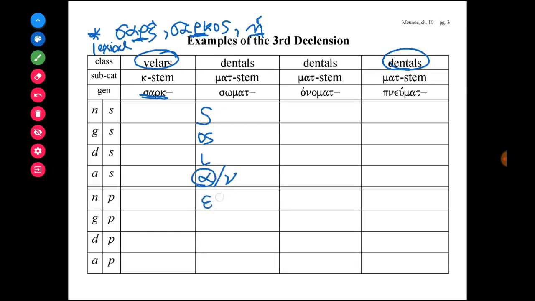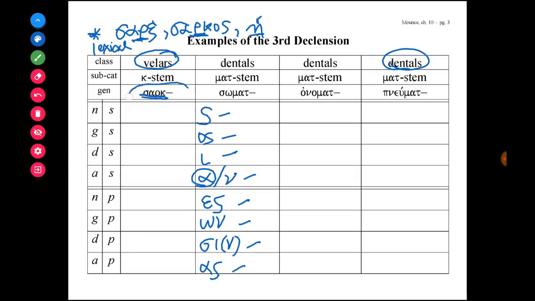Then s is the nominative plural, own, si or sin for the dative plural, and lastly, os. So let's say it again: sigma, os, e, alpha or nu, s, own, si or sin, os. Those are the case endings for the feminine noun.